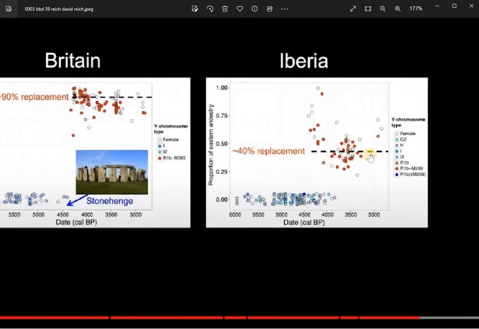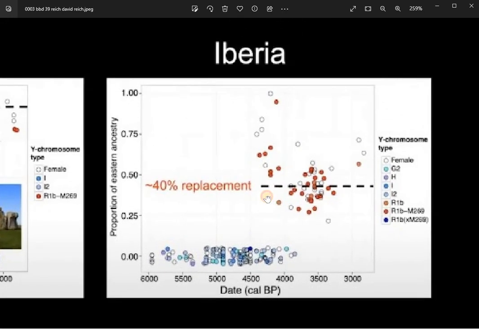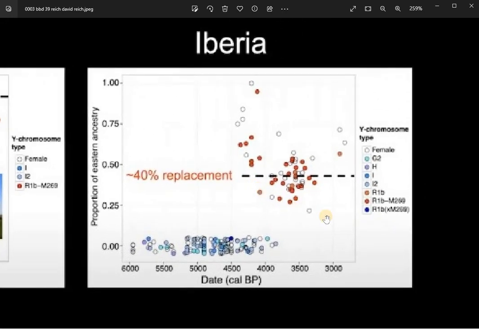Something similar happens in Iberia, where red R1B overturns blue, which is again I and I2, but in this case also H and G2.